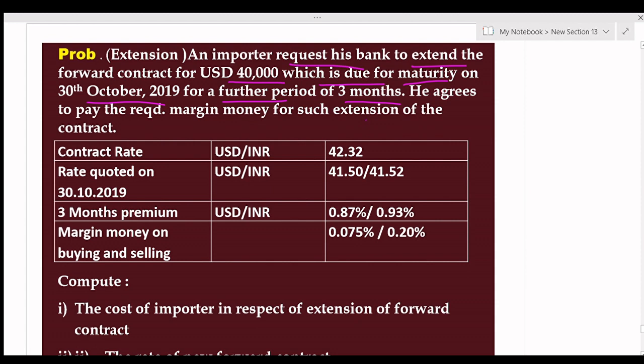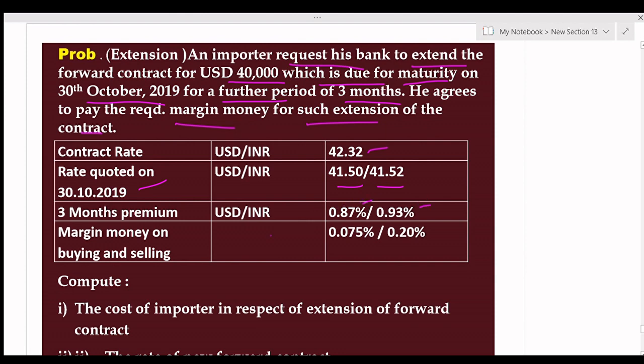He agrees to pay the required margin money for such extension of the contract. Now the contract rate is 42.32. The rate quoted on 30th October 2019 for USD INR is 41.50, 41.52. The 3 months premium on USD INR is 0.87%, 0.93%.